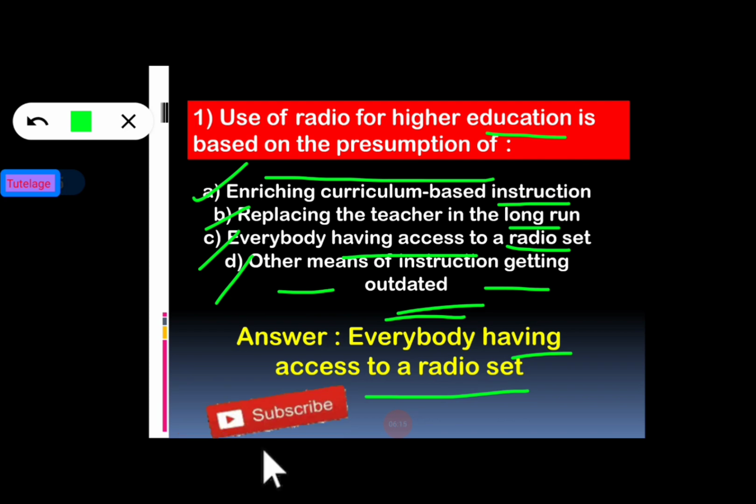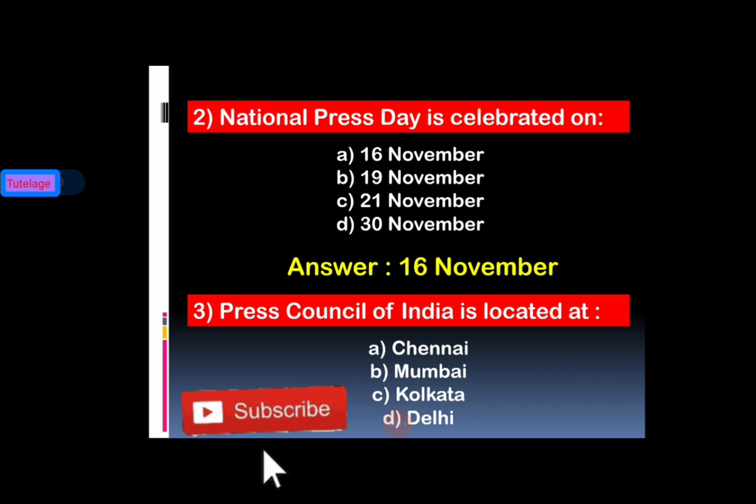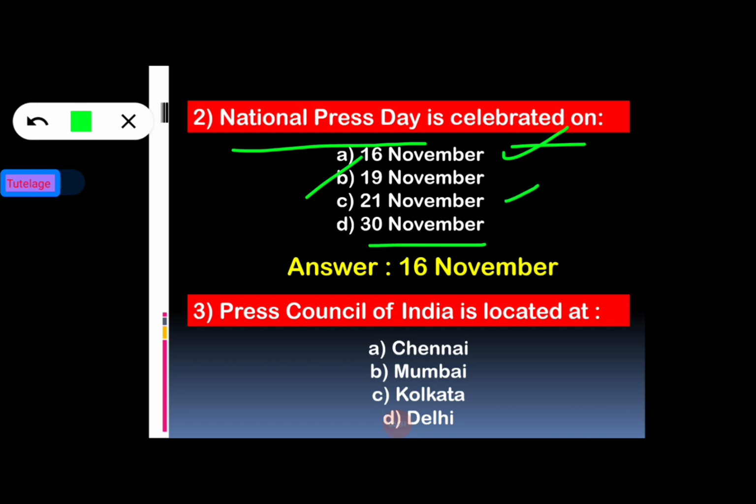Okay, so now move on to the next question. Here we can see our second question: National Press Day is celebrated on. There are four dates: 16 November, 19 November, 21 November, and 30 November.